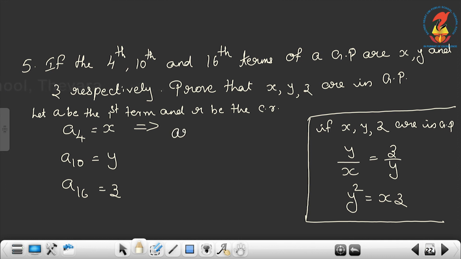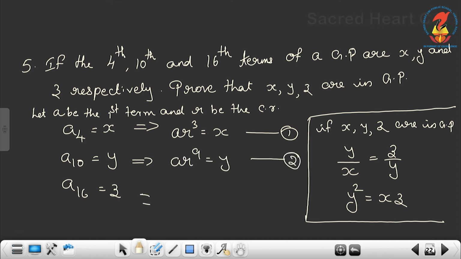So ar cubed is x, equation 1. Now the 10th term, ar raised to 9, is y, second one. Then the 16th term is ar raised to 15, that is z.